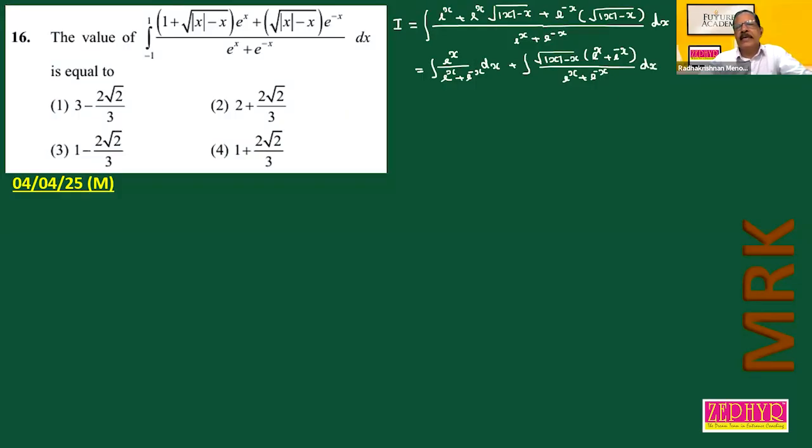So in the second integral, e raised to x plus e raised to minus x is getting cancelled. Now we have to evaluate, and the limit is minus 1 to 1.